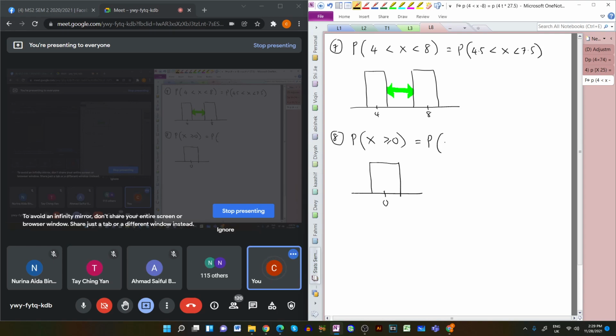Try this. This one should be, there's an equal, the arrow goes this side from here.